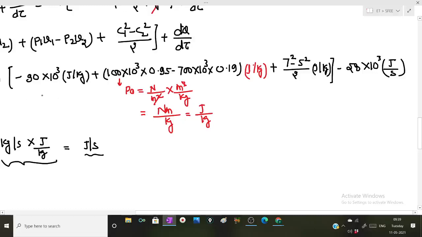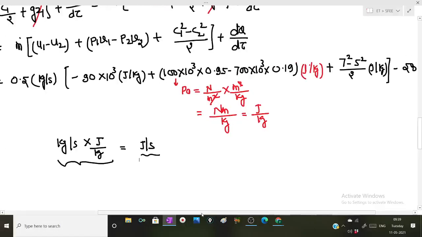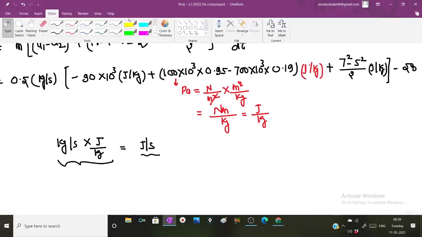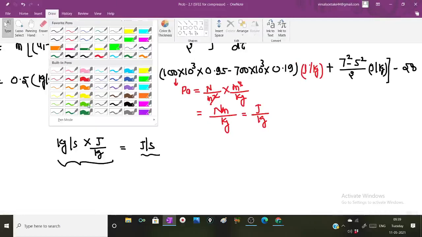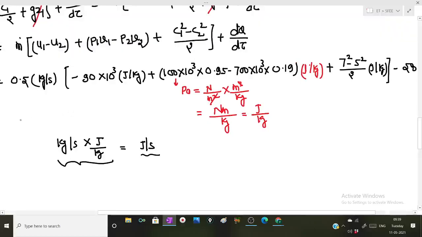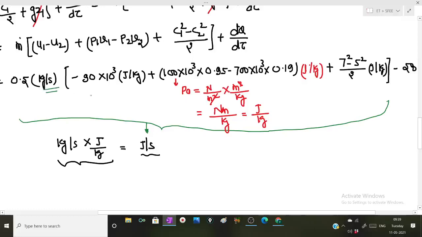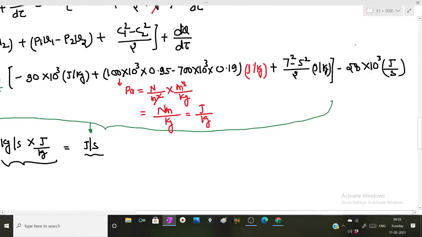In order to make the units homogeneous, I have to do all this exercise. So the unit of this entire term, what is that entire term I am talking about? The unit of this entire term will become joule per second. This is kg per second and this is joule per kg. It will become joule per second, and the entire term is added to the dq by d tau having the unit joule per second.